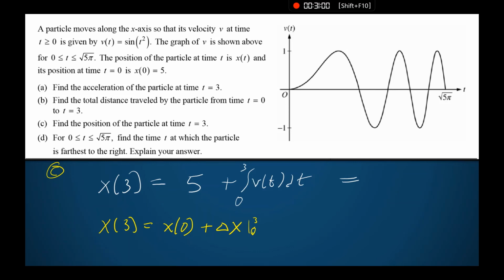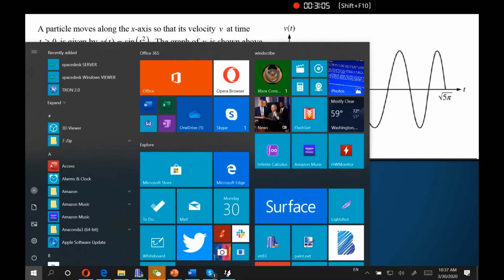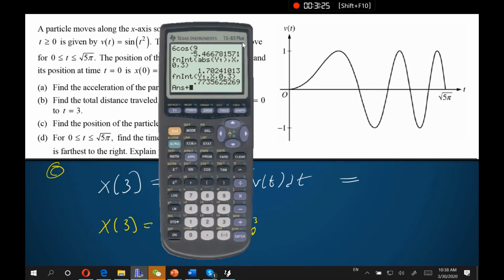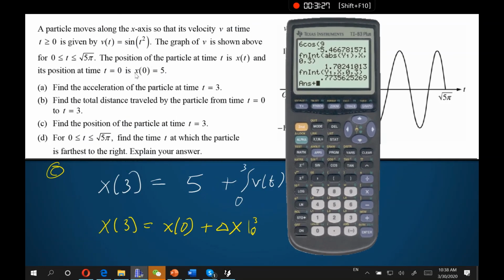Okay, so if I integrate from 0 to 3 of v of t, I'm going to integrate our v of t in terms of x from 0 to 3. So this is how much our position changed. And I'm going to add our original position, which at 0 was 5. So if I add 5, we get 5.774.